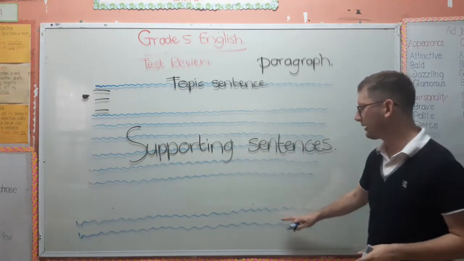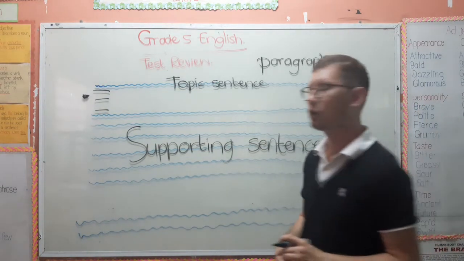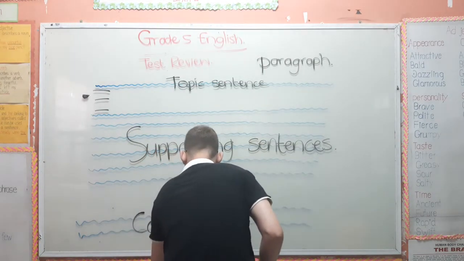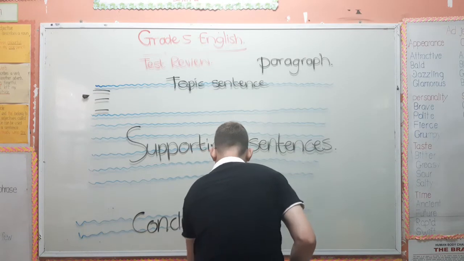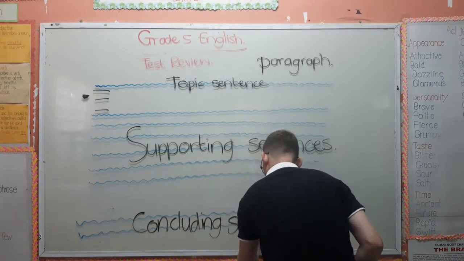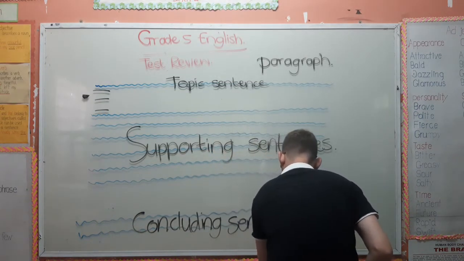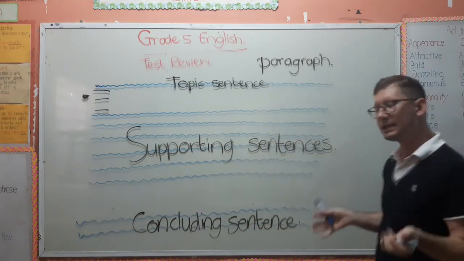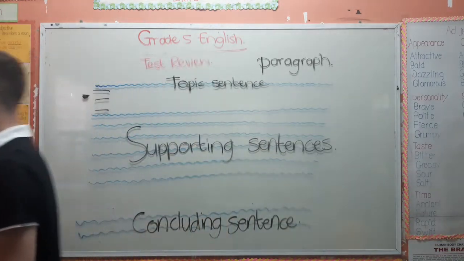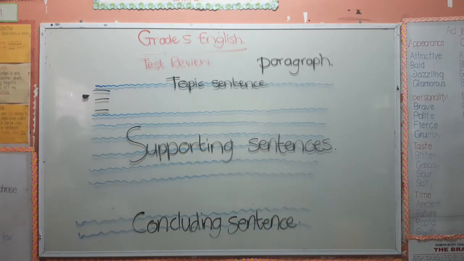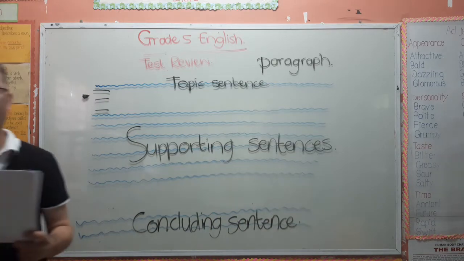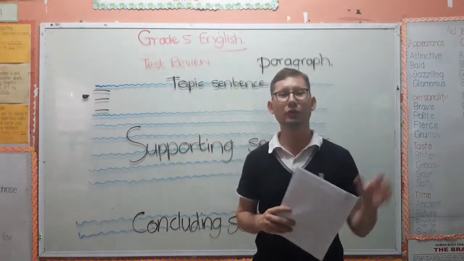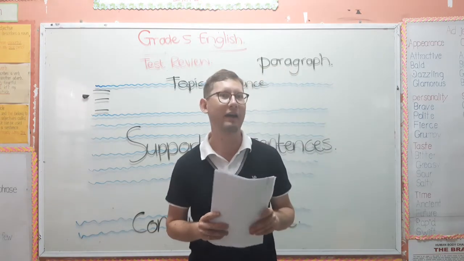And then lastly, at the bottom, you will have your concluding sentences. Okay, you see, fairly simple, right? So in a test, you will need to write a paragraph about Nelson Mandela. Who is Nelson Mandela? That was part of your project before the school closed, so please have fun and enjoy.